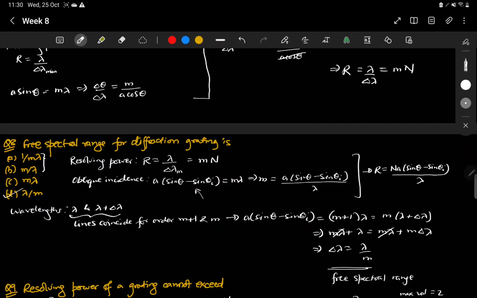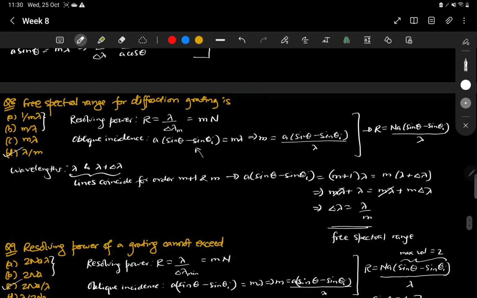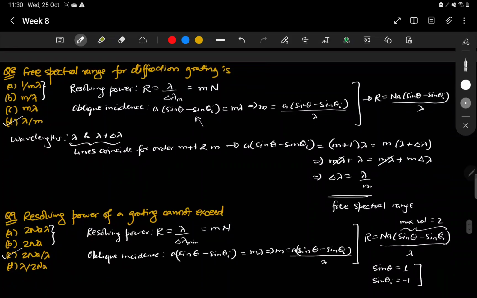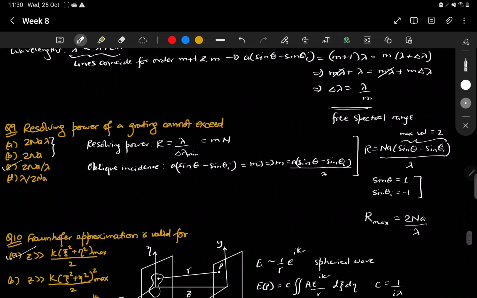Free spectral range for diffraction grating is lambda over m for the mth order. And resolving power of a grating cannot exceed 2 N a by lambda.